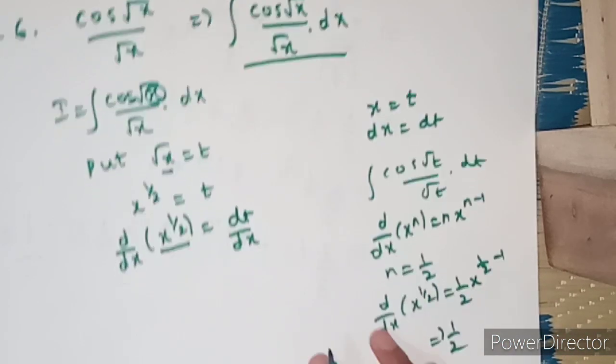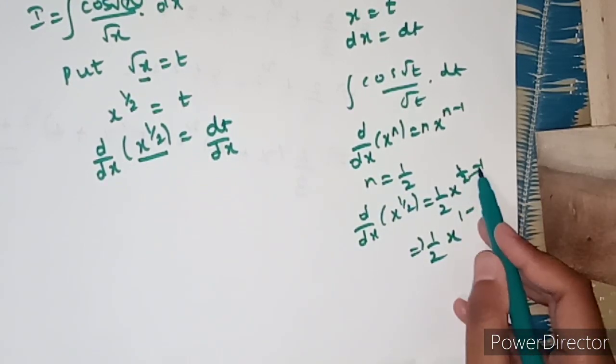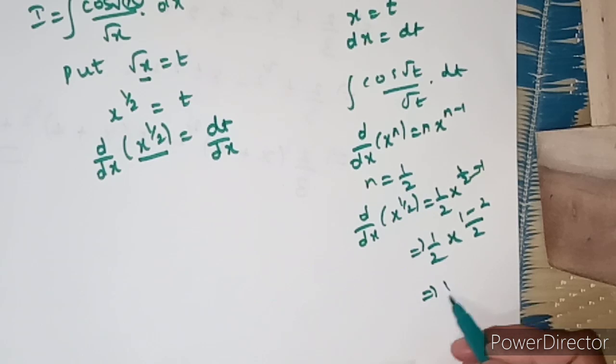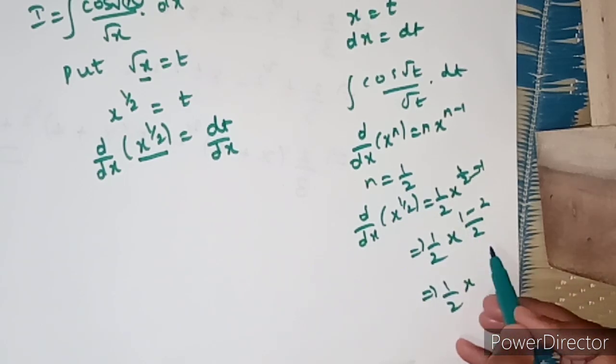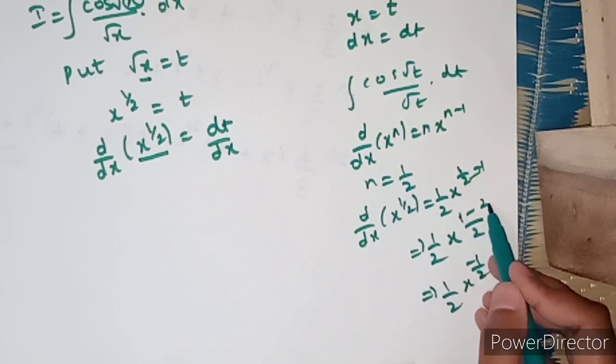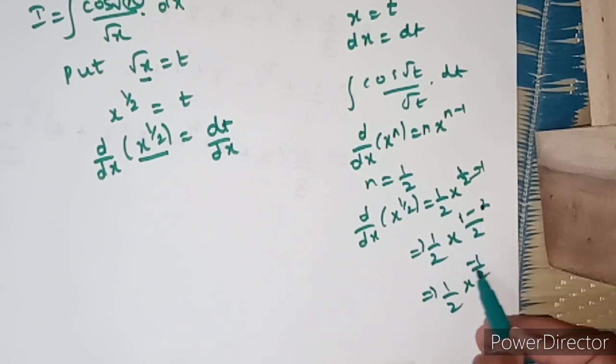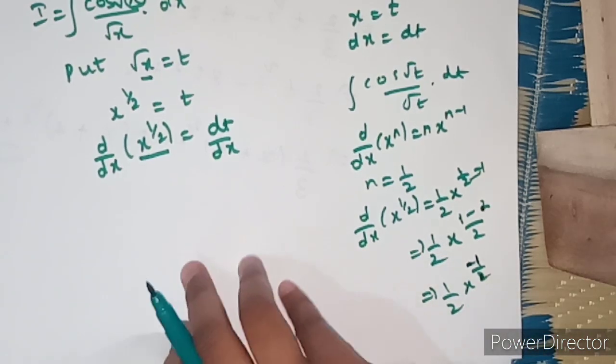So solve it. 1 as it is, 2 ones are 2 upon 2, so 1 upon 2, 1 minus 2 is minus 1 upon 2. Why minus 1? Because signs are opposite. If you subtract 1 from 2, you will get 1. And what is the sign of the bigger number 2? Minus. So I have put minus. Denominator 2 as it is. Okay. Substitute.